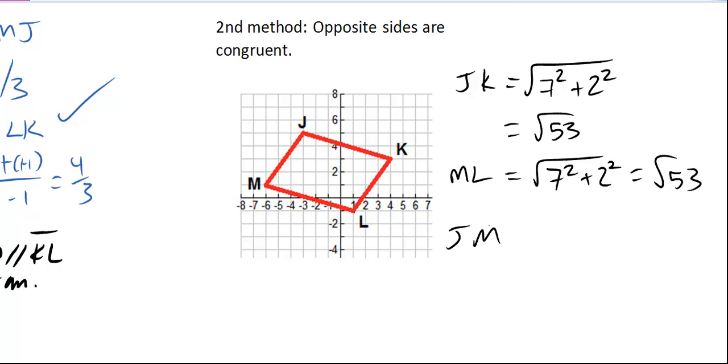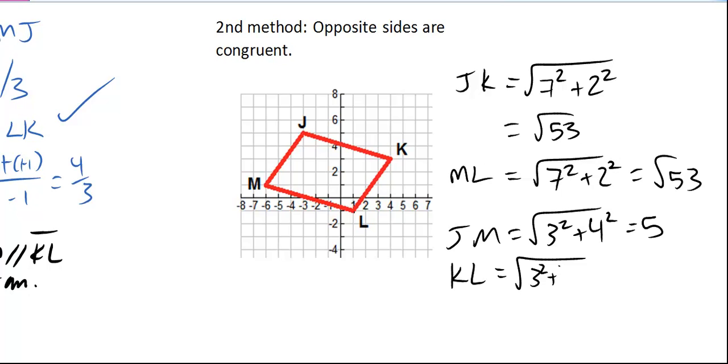And then, of course, for the other two, JM, we have the square root. The change in x was 3, and the change in y was 4, so I get square root of 25, which is 5. And KL is 3 squared plus 4 squared is also 5. Again, the change in x and change in y is all we're doing to find the distance formula.